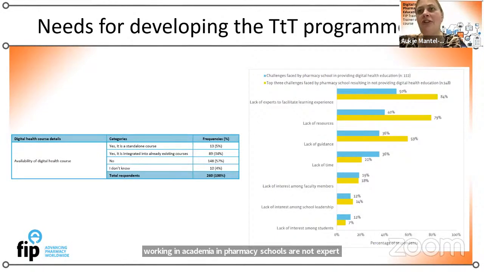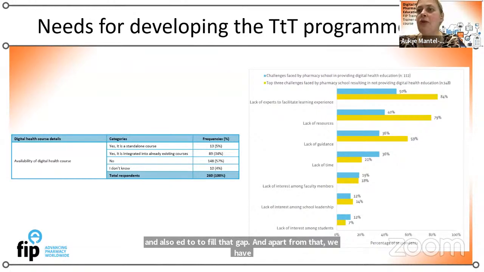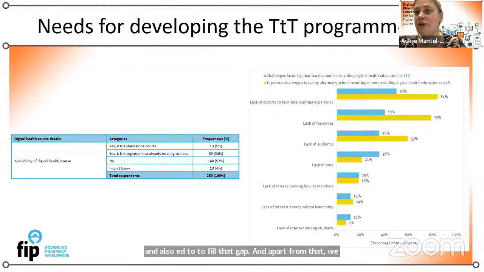And I sincerely hope that this Train the Trainer program will then also add to fill that gap. And apart from that, we have to be realistic. Also, sometimes lack of resources, lack of guidance, lack of time, all play a role. But with this course, helping you to be trained yourself, and also, again, mention maybe the technology forum, where we aim to also provide you with information as a platform for materials. We also hope to fill a gap. Next slide, please.